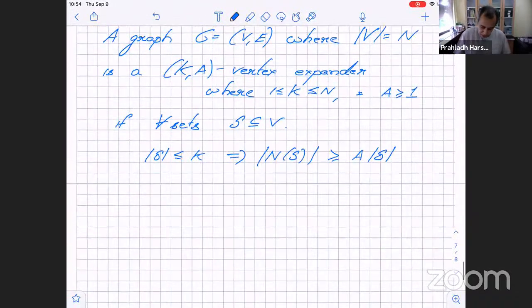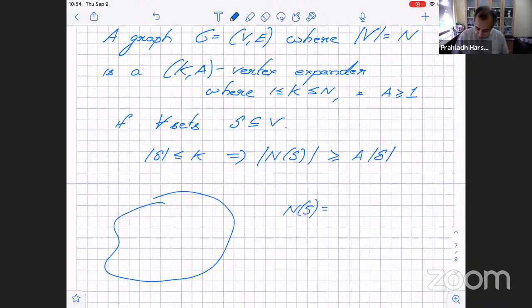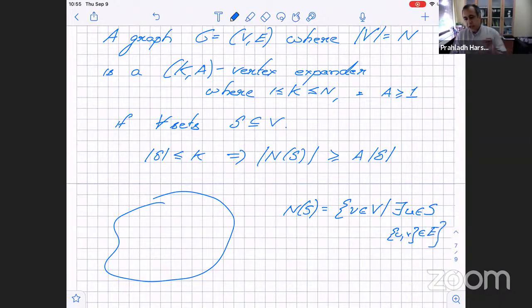Once again, let's draw it pictorially. What is N(S)? N(S) is the set of all v in the vertices such that there exists a u in S such that uv is an edge. So it's the set of all neighbors of S. You take any set S and you look at its neighborhood.